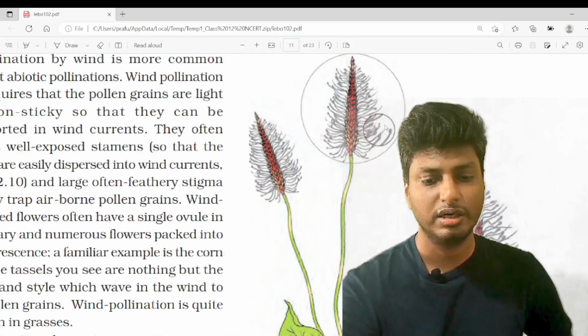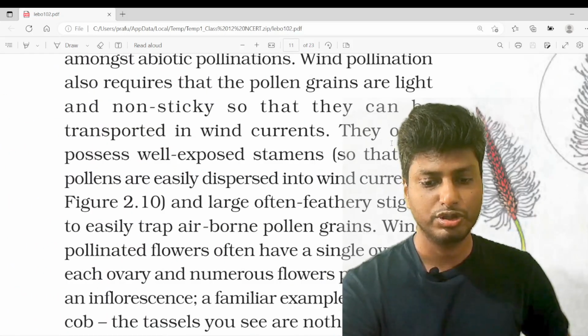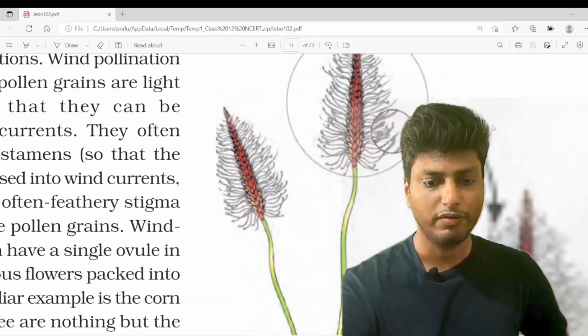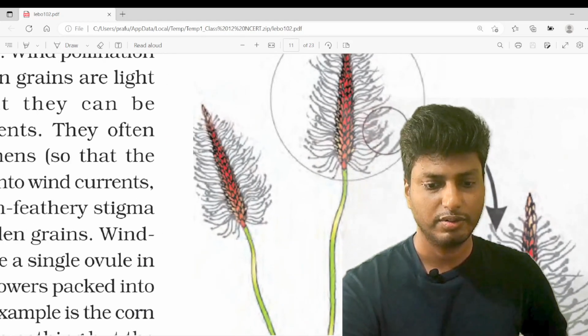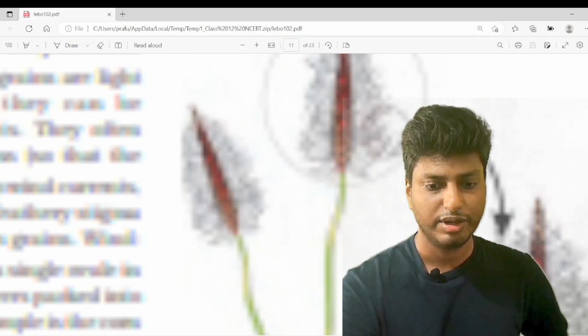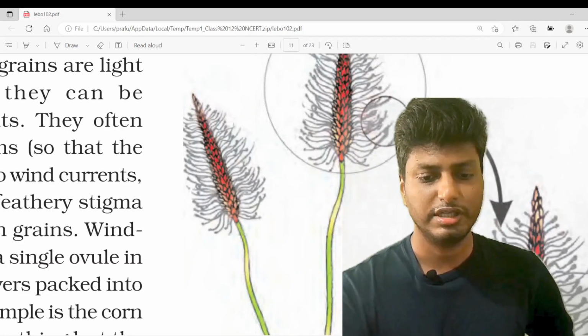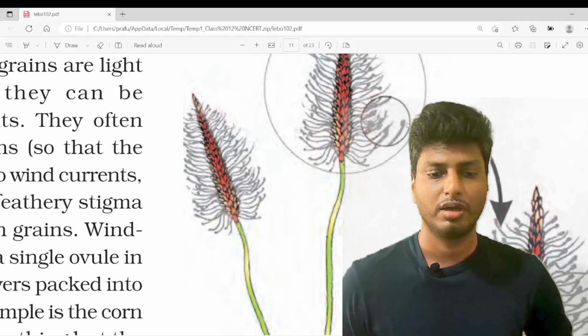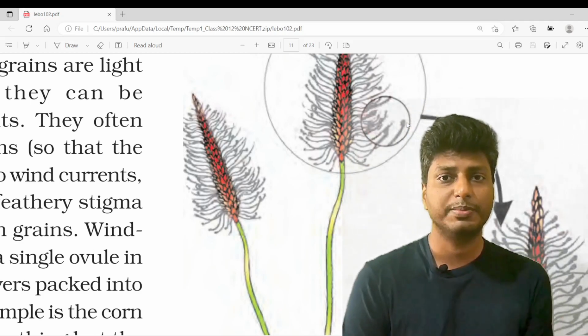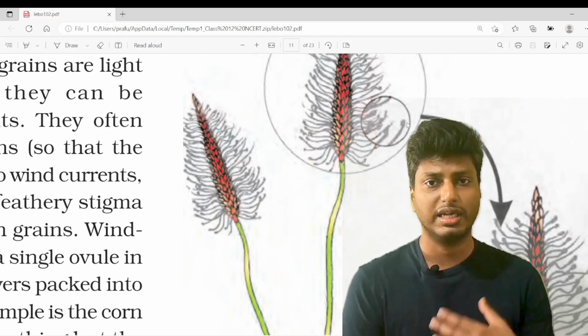You can see here this particular portion of the stamen which has been highlighted: these are the filaments, and this is the anther. Wind pollinated plants have versatile anthers.